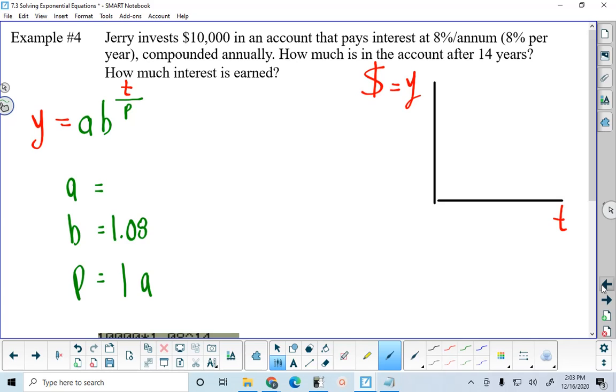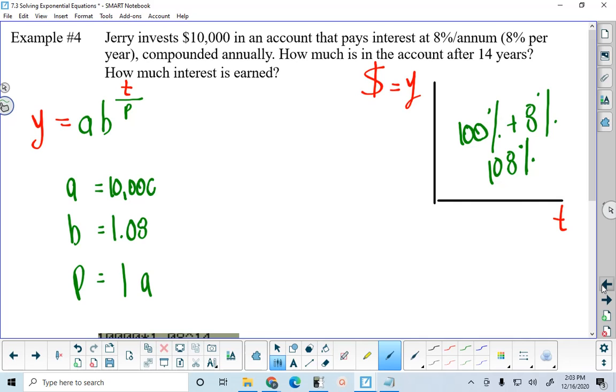Because what happens is he has 100%, and we add 8% to that, which is 108%. And to go back to elementary school for a second, percent means divided by 100. So 108 divided by 100 is 1.08. A is the initial amount, which is 10,000.